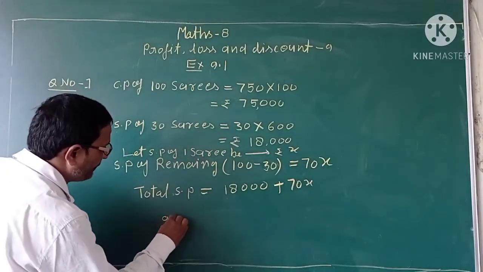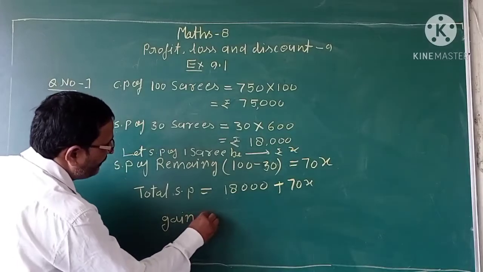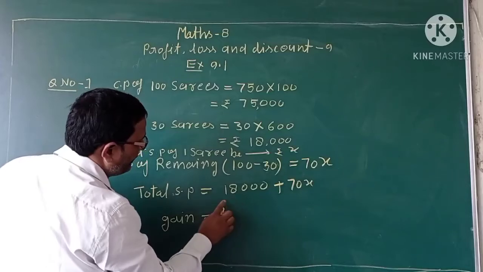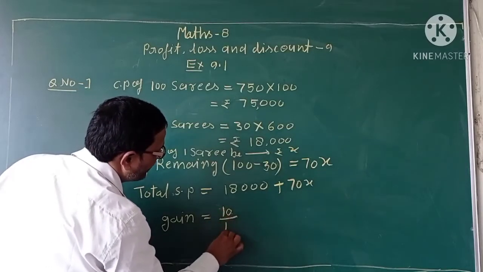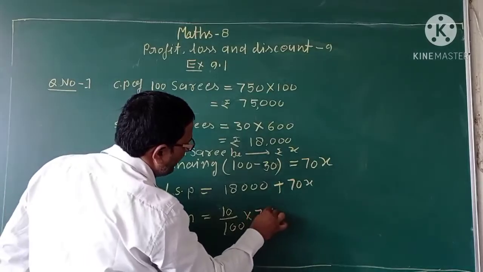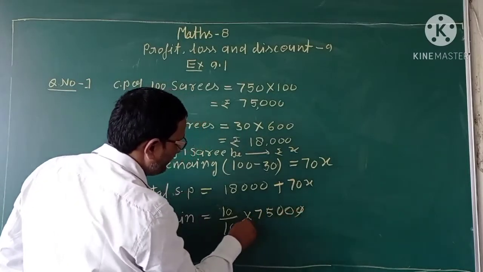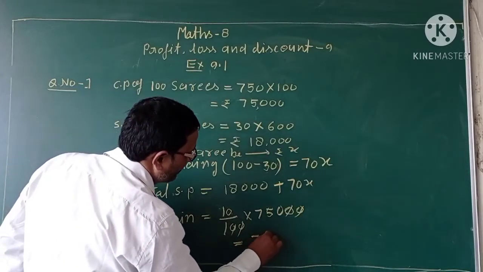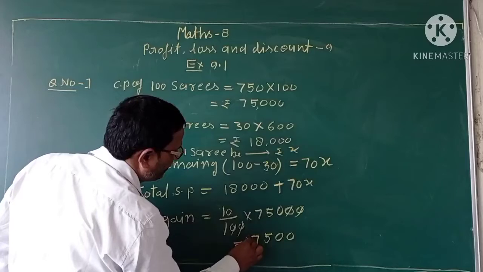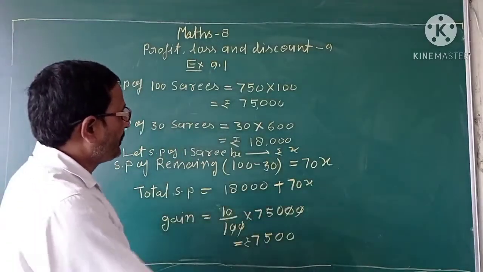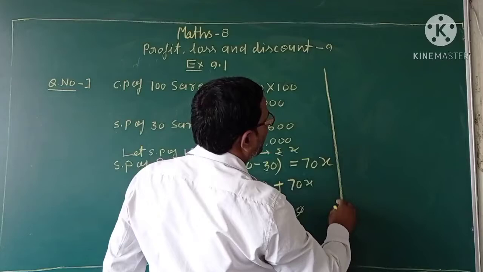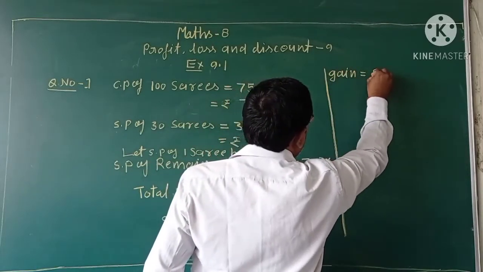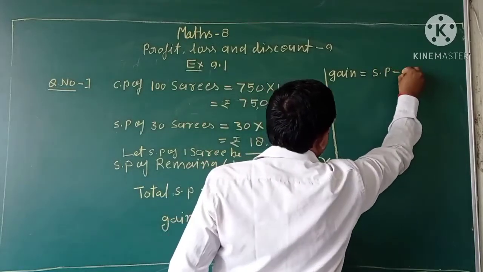Now gain is given. He is getting 10% gain, 10% of 75,000, that is 7,500 rupees. Now you know that gain is equal to SP minus CP.